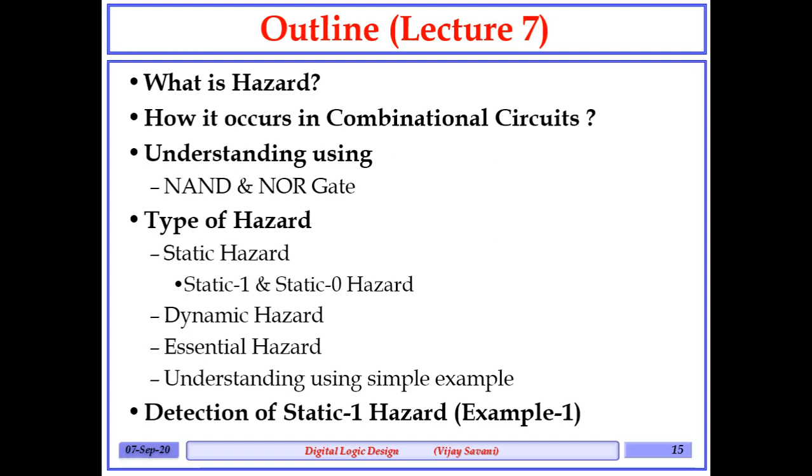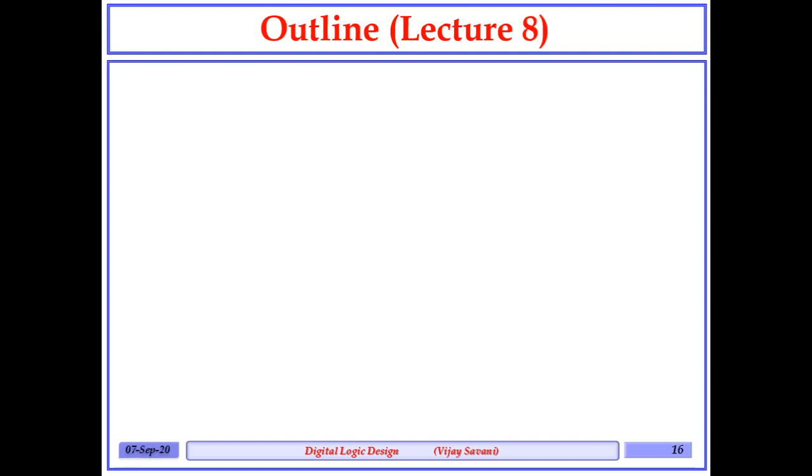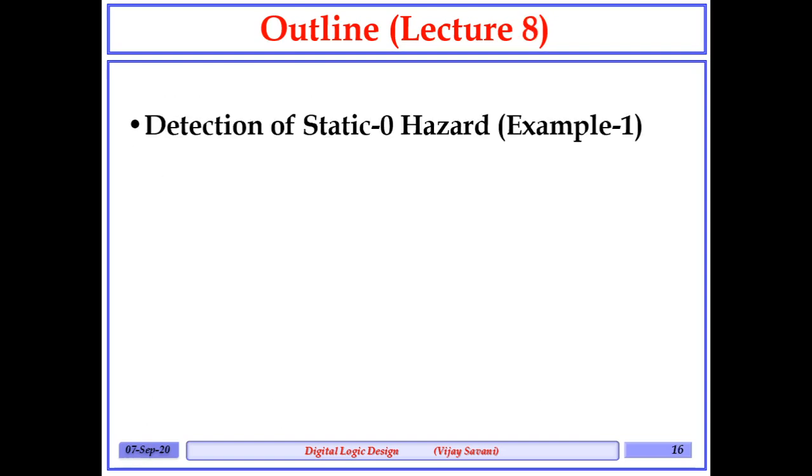We will take a complex example and see how we can detect a static 1 hazard in the circuitry. This will be covered in the first part of this lecture series. In the next lecture, we will continue that example, example number 1, which we discussed in the previous session about detection of static 1 hazard.